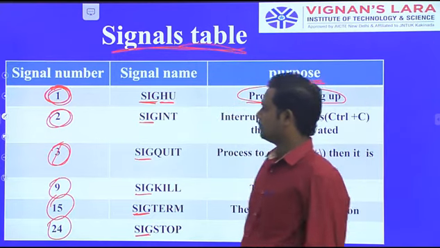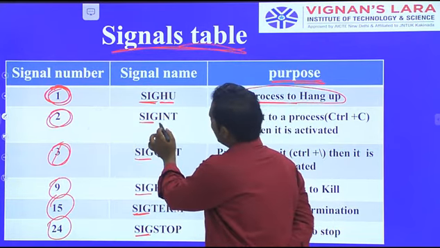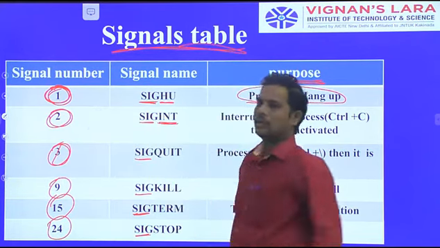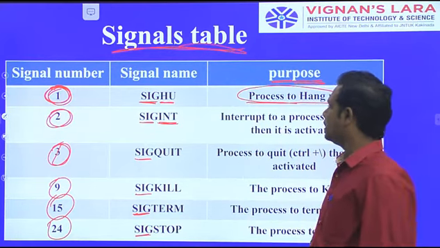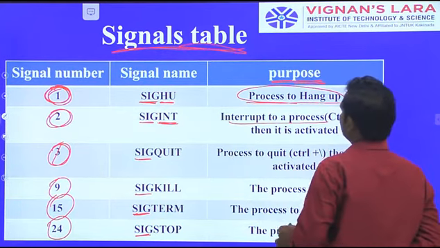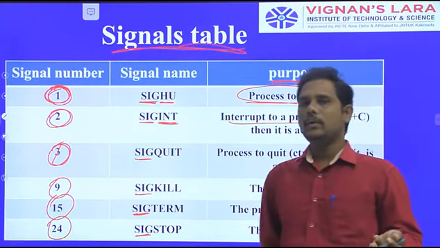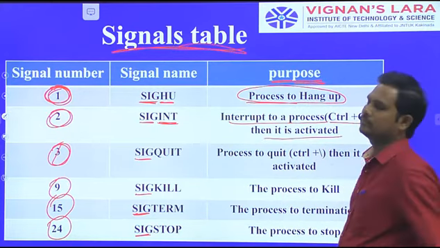Next, signal number 2. SIG is common. INT means interrupt. SIGINT interrupts the process. How is it continued? Using Control C, the signal will be activated.